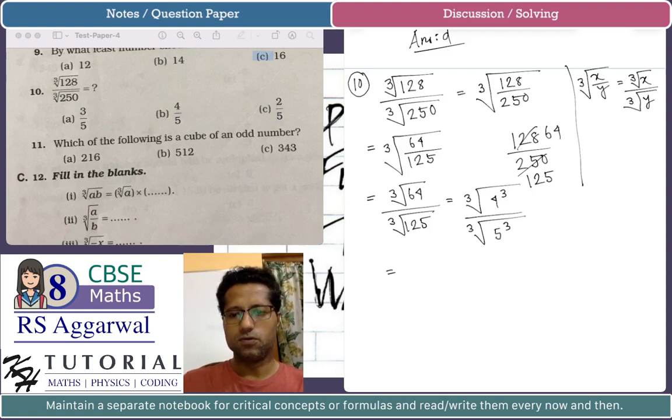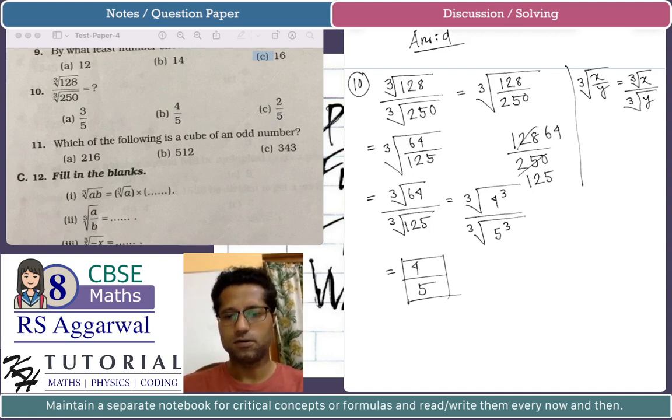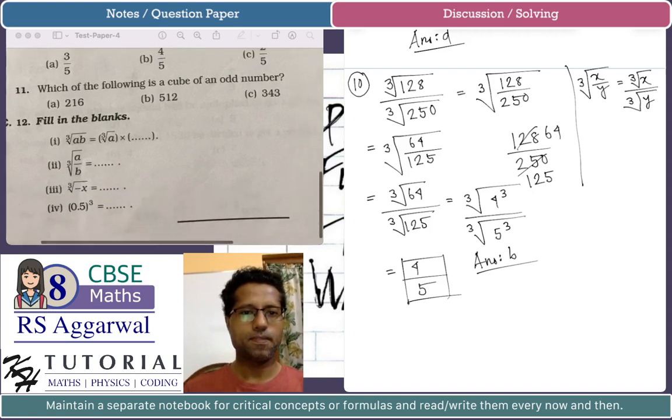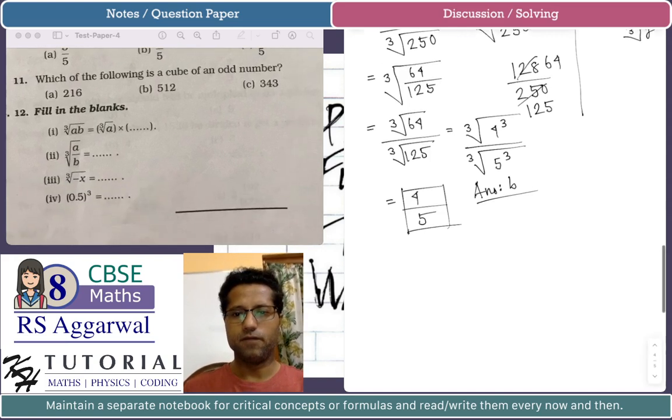So cube root of 4 cube is 4 and cube root of 5 cube is 5. So 4 by 5 is the result. So the correct choice is B. Okay. Question number 11.